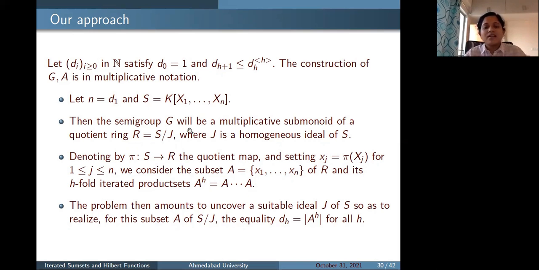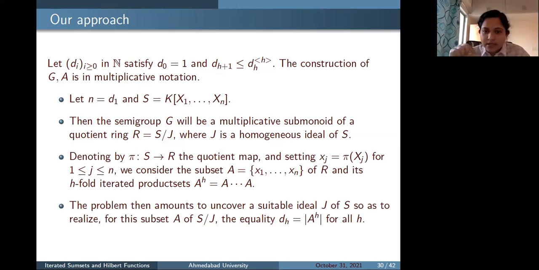Then G is nothing but my multiplicative submonoid of the quotient ring S/J, and J is a homogeneous ideal of S. Then I will take the quotient map pi from S to R and I will set x_j to be equal to pi of capital X_j.